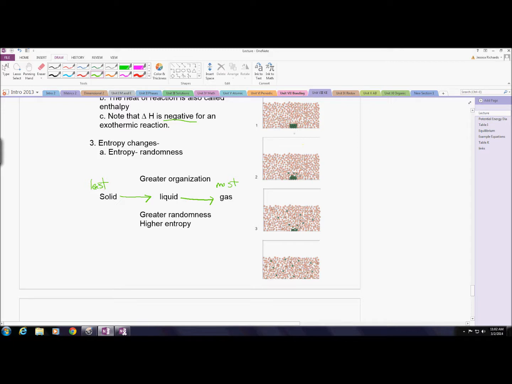And if we're dissolving something, so we have up here a solid and a liquid, and as it dissolves and goes through this process, the pieces break off and scatter themselves around, it becomes more random. So down here at the bottom would be our aqueous solution. Aqueous is always going to be more random than the solid and the liquid that they started with.